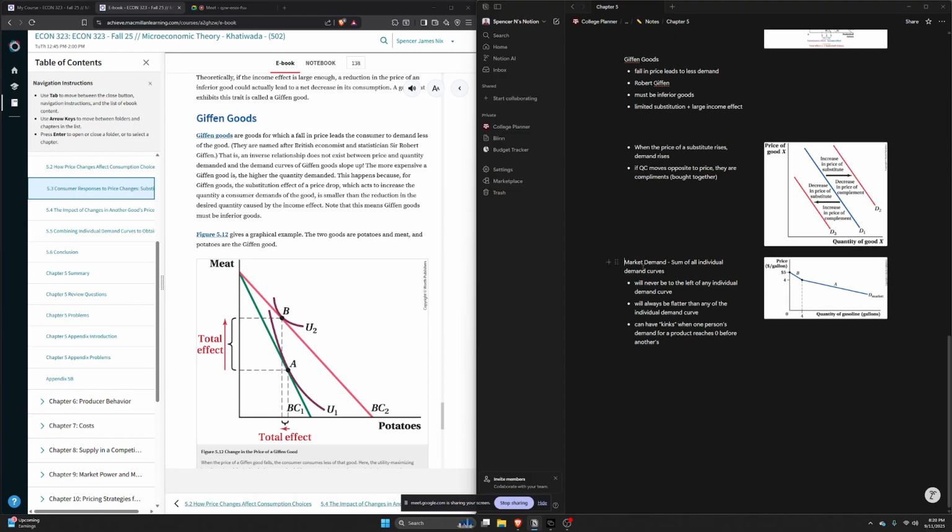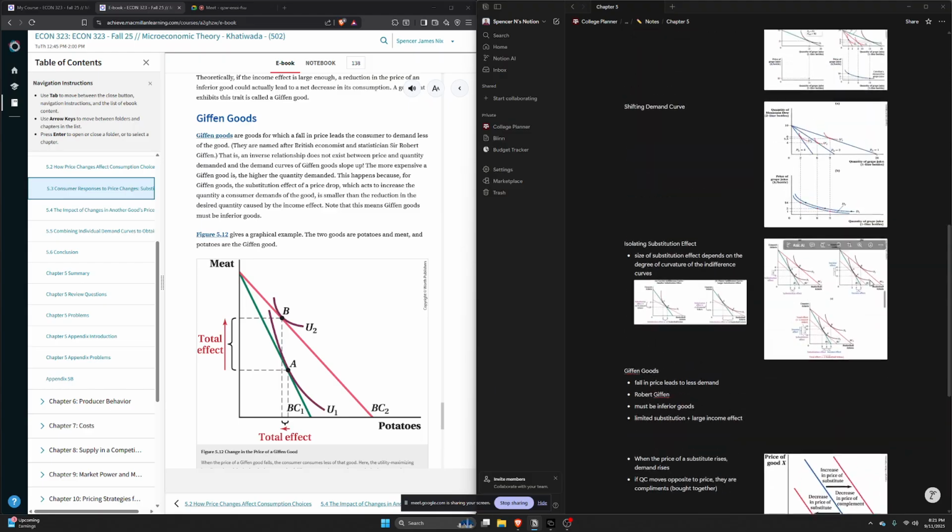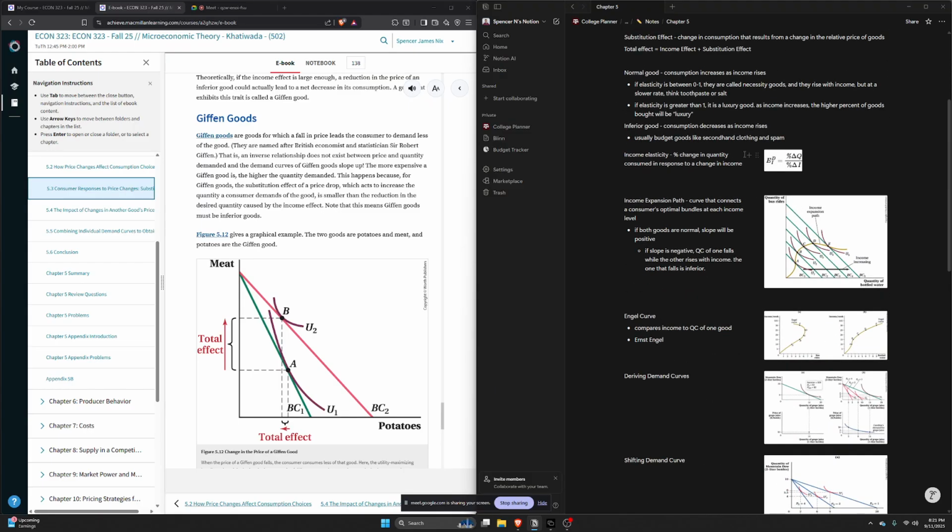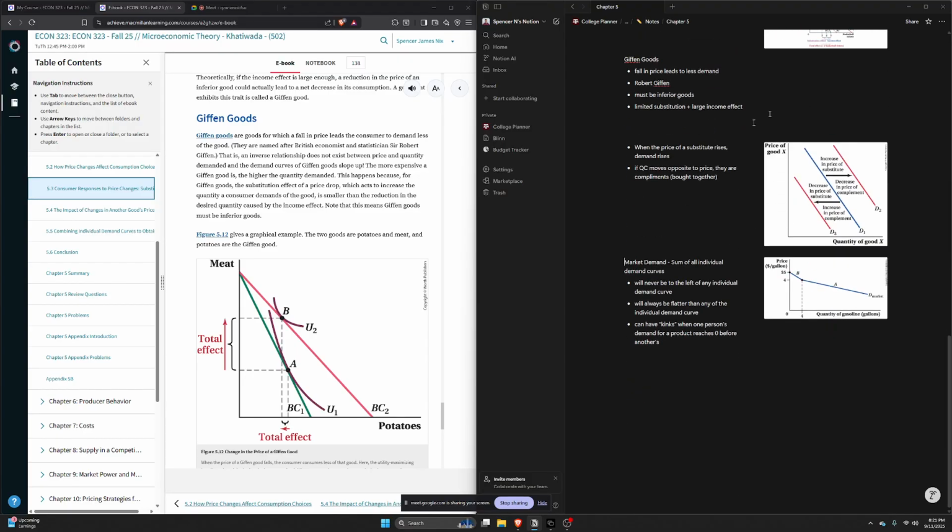Last thing is market demand. I don't think there's anything on the homework for this, but it just showed you how to calculate it. It's the same demand. We've been doing a lot of individual demand. All you have to do is add them together, and then you get this sloped line.